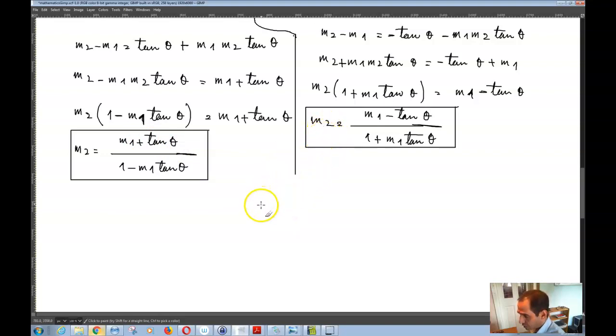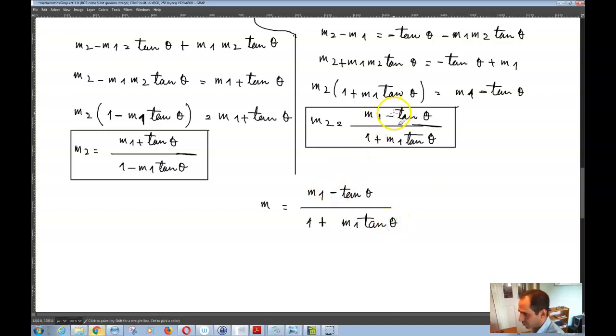From this I can say that m is equal to m1 ... if you have a negative over here, you have a positive over here, so tan theta, and over here I have m1 tan theta.